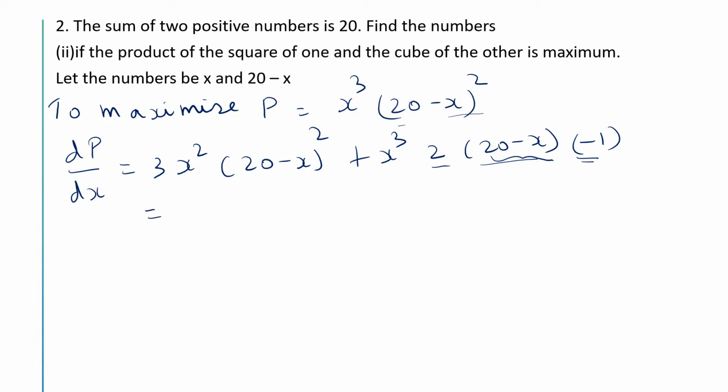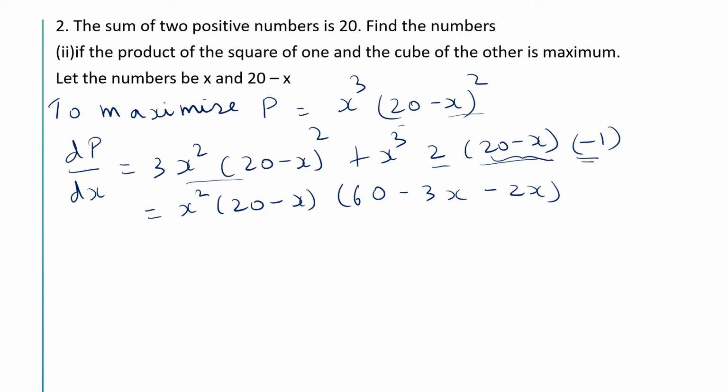So here we can see that x square into 20 minus x is common. Let us take it outside. So from here I have taken x square into 20 minus x common.